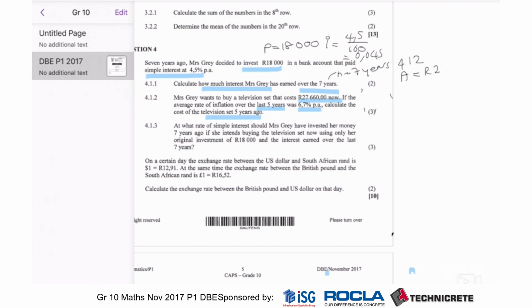So the 27,660 is the A value. We want to calculate the initial value. The number of years is 5 and the i is 6.7 over 100, which is 0.067.